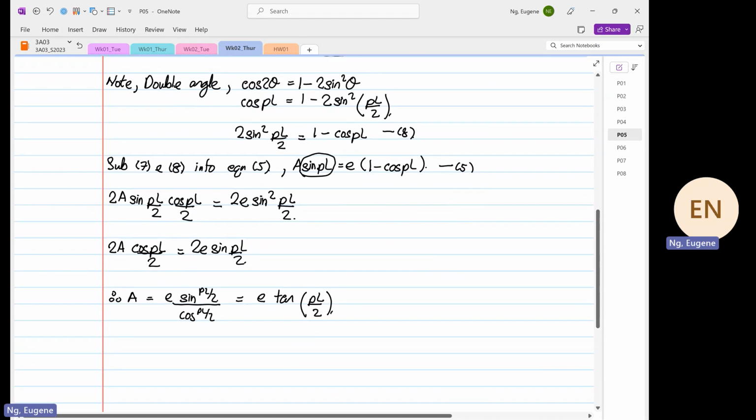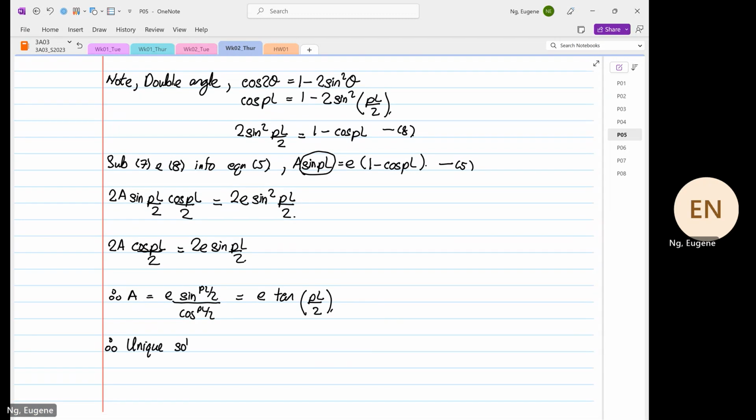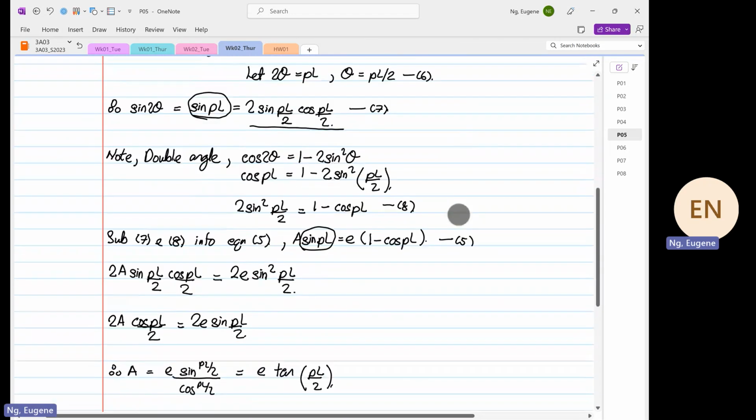So therefore, okay, now we are doing our unique solution. So our unique solution will become y as a function of x, and this is equal to E tangent pL over 2, and then I think it's sine first, yep, sine px.